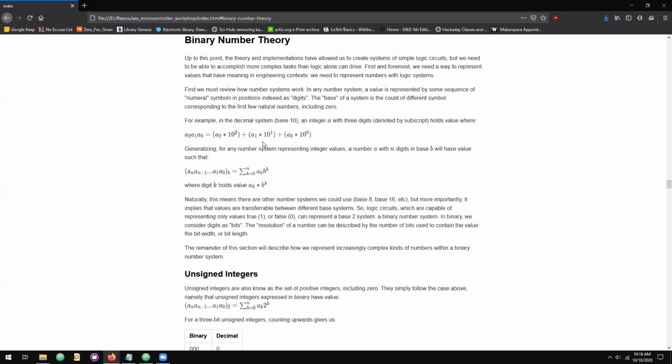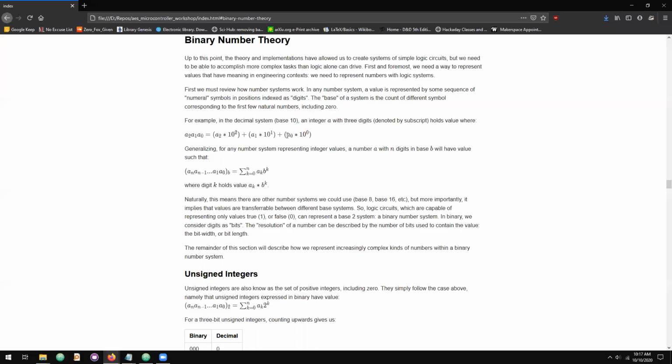And how that breaks down is each digit's place corresponds to some value that's a scalar multiplier of a value of 10. So the zeros place represents the set of symbols representable in decimal notation.